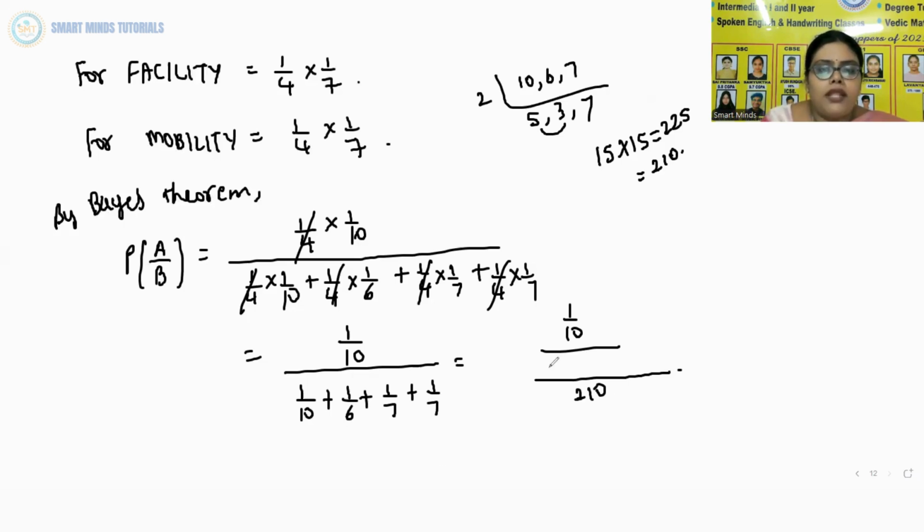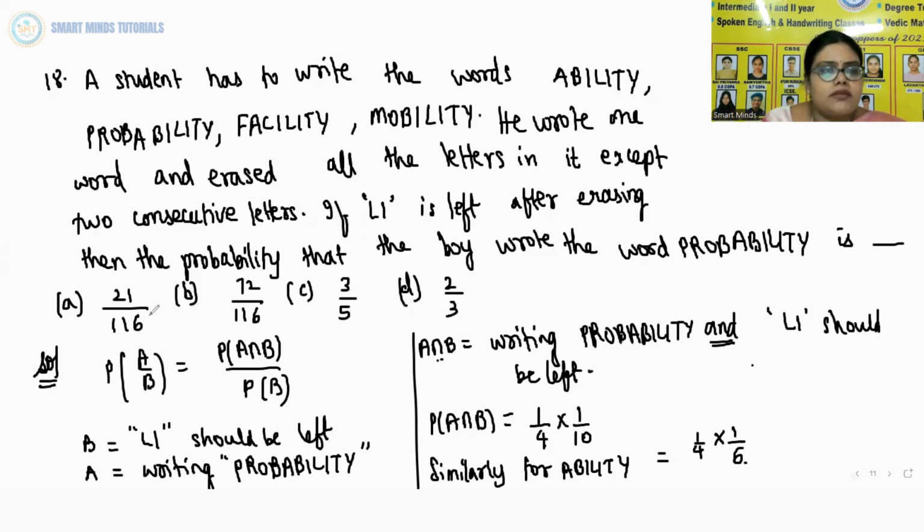Now 210 divided by 10 is 21, 210 divided by 6 is 35, and 7 times 30 and again 7 times 30 give 30 each. The zeros get cancelled. That is 21 by, this is 57. 57 and 60 is 116. So 21 by 116 is the answer. Option A.